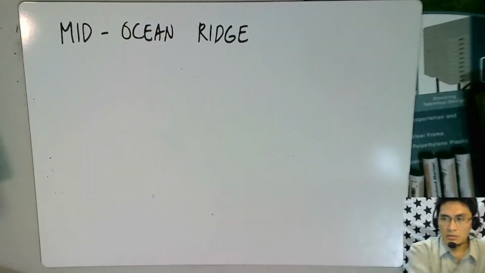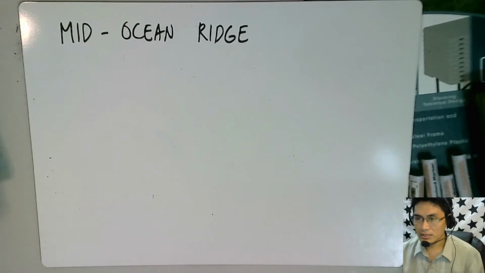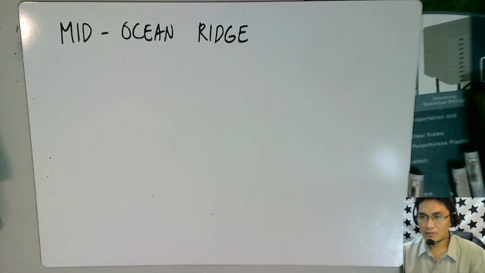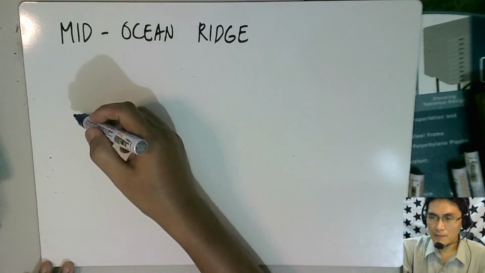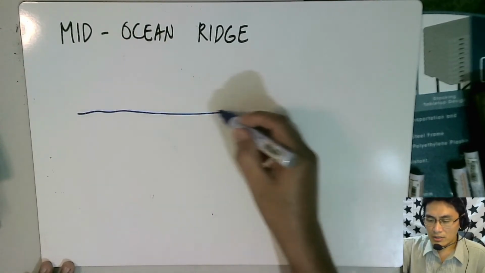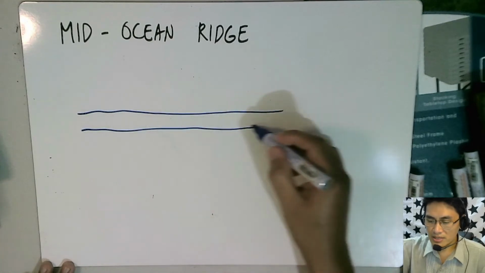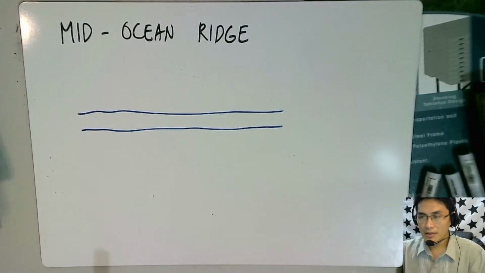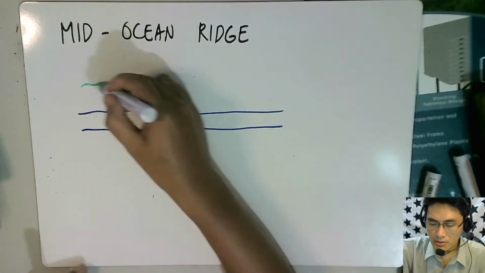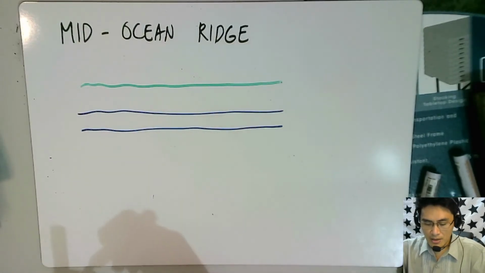Okay, so first of all, when you have a continental plate, a part of the plate with continental land, continental crust contains two layers: the basaltic layer of rock, and then the granitic layer of rock. So it's quite thick, right?